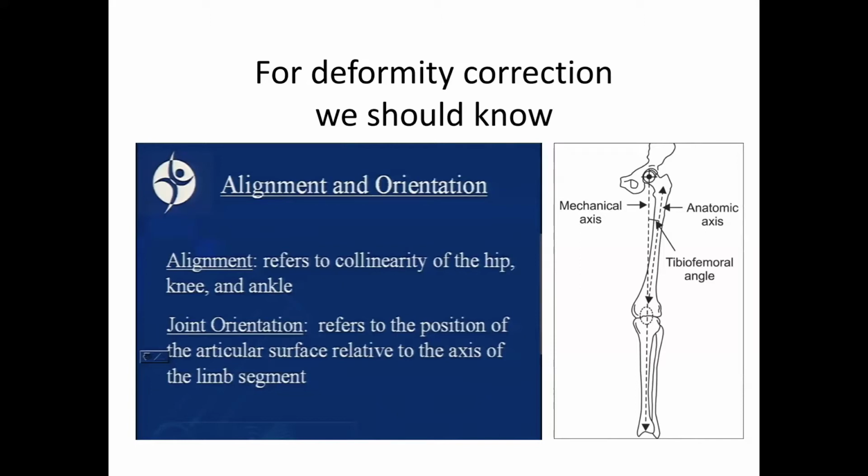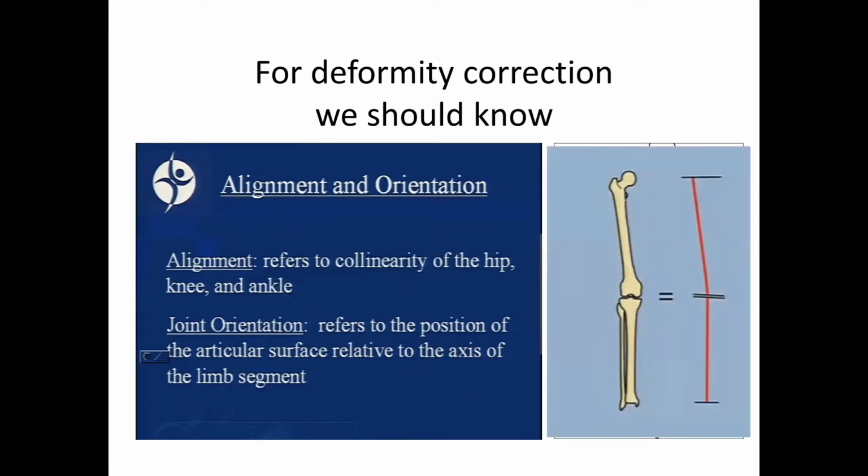So joint orientation refers to the position of the articular surface relative to the axis of the limb segment. It may be the mechanical axis or anatomical axis. So this is joint orientation. Usually for the ankle joint, it is very obvious. It is usually parallel to the ground and we refer to the axis of the limb.